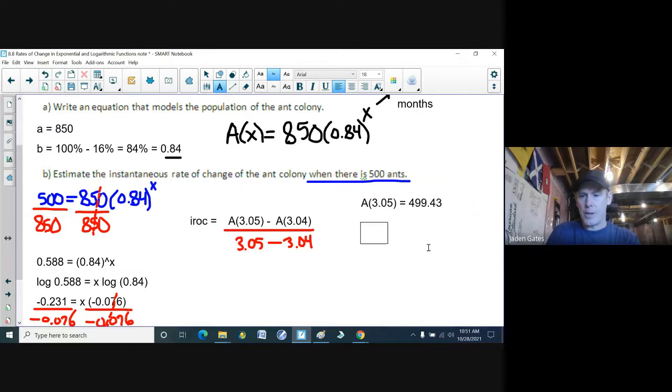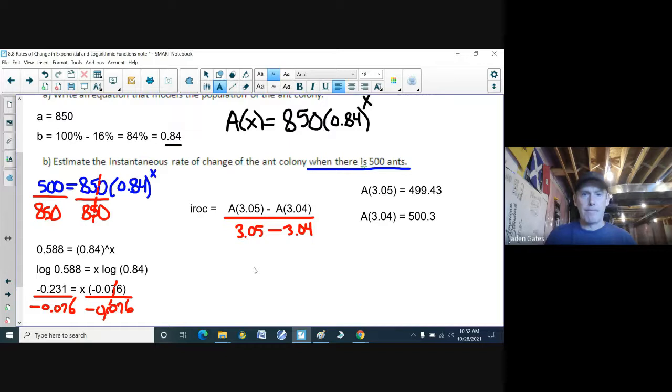And I'm also going to do the same thing with 3.04. 0.84 to the power of 3.04, and then times 850, I get 500.3.